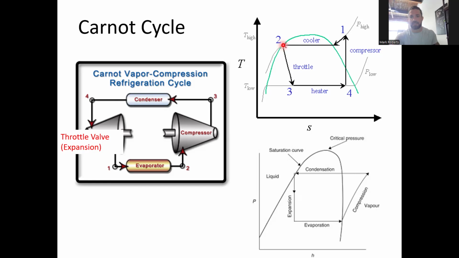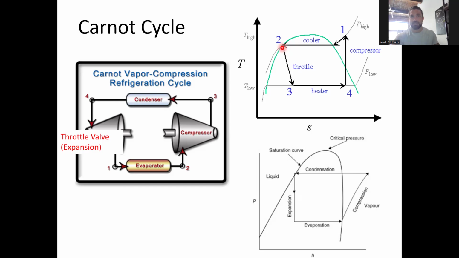It's going to condense in that condenser, or the back of the refrigerator, where it's still hot. Now we have this hot liquid, and we send it through a throttle. What happens when a liquid goes through a throttle is that it expands and some of it will vaporize.